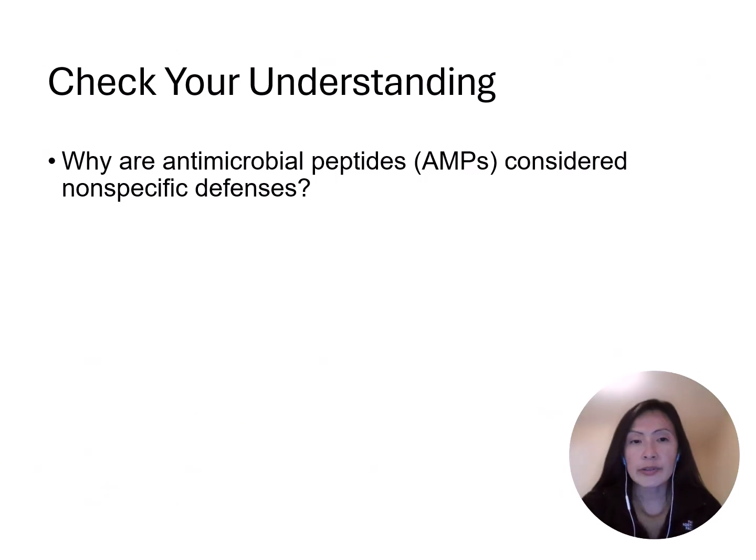This checkpoint asks, why are antimicrobial peptides, or AMPs, considered non-specific defenses? It's because they do not target specific pathogens. Instead, they disrupt fundamental microbial structures that are shared across many different species. For example, AMPs can attack a wide range of microbes: bacteria, fungi, protozoa, even some viruses.